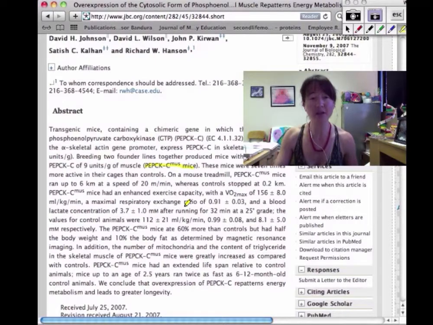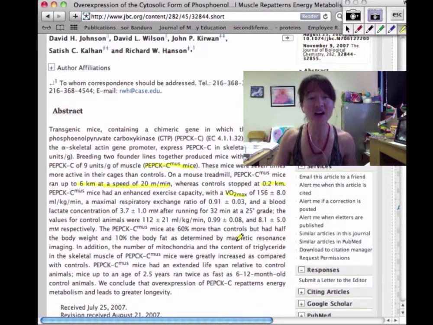Look at some of the values we see compared to controls. These mice on a treadmill ran up to 6 kilometers at speeds of 20 meters per minute. Compare this to the control that ran 0.2 kilometers. Check it out: increased VO2 max, increased ability to clear lactate.